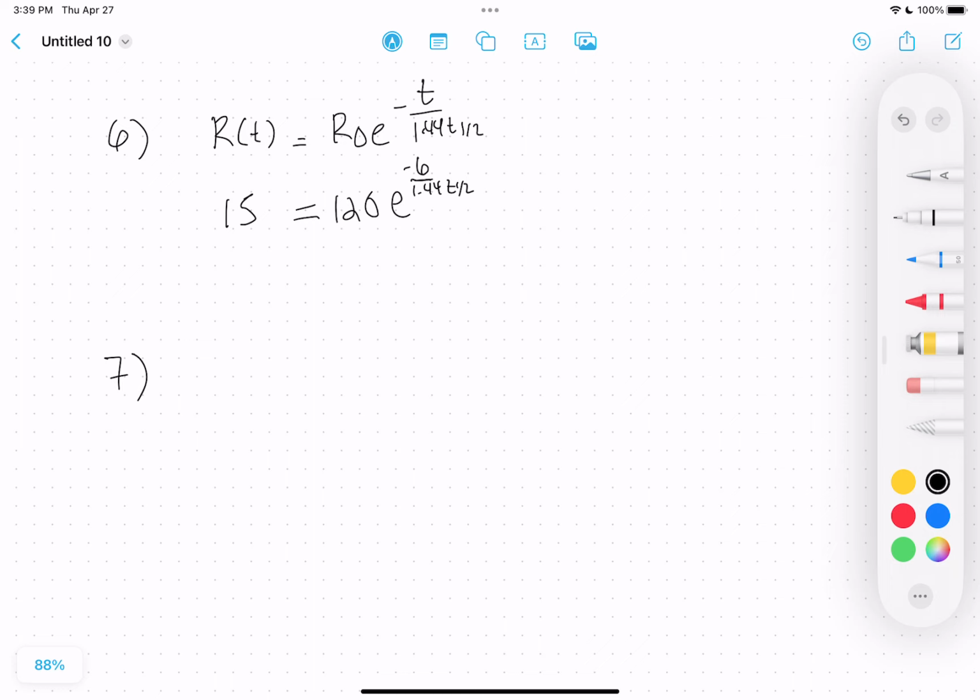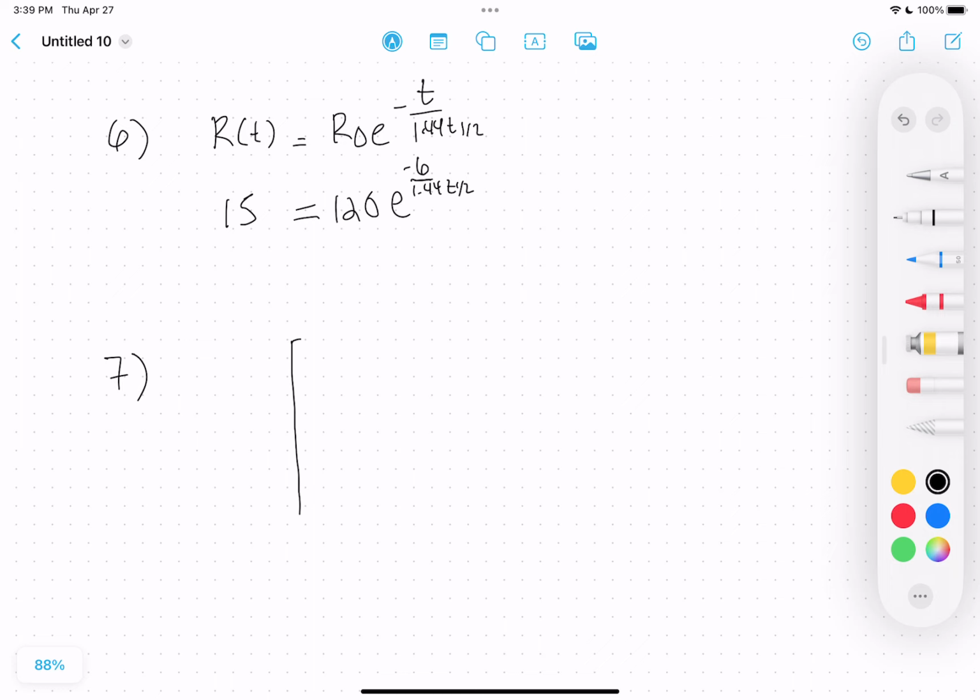Problem 7 is magnetic fields, right? So we have 2 long wires that carry current in the plane of the page. One wire will have the direction going upwards, and the other wire will have the direction going to the right. And then it says consider a point P located 2 centimeters from wire 1 and 3 centimeters from wire 2.